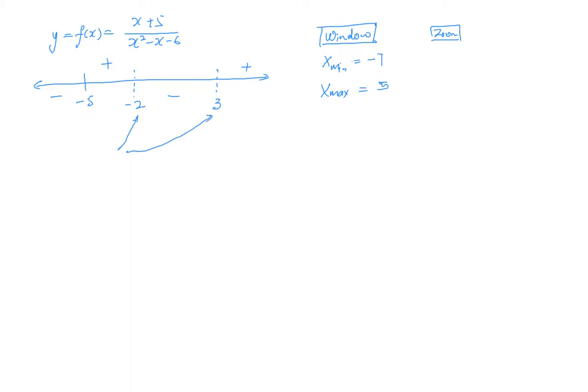When you do your graph, you will see that the graph is cut into 1, 2, 3 pieces. They won't cross this, and we call X equal to -2 and X equal to 3 the vertical asymptotes.